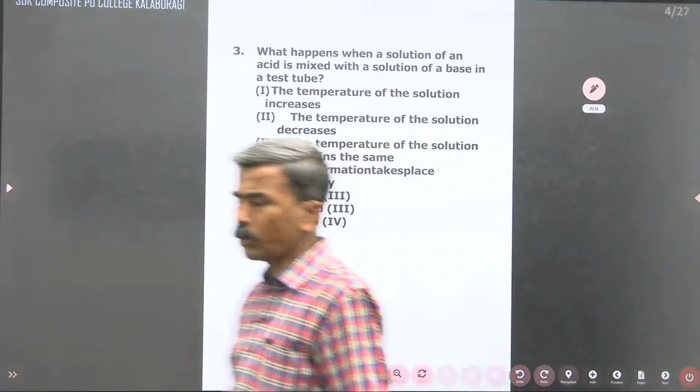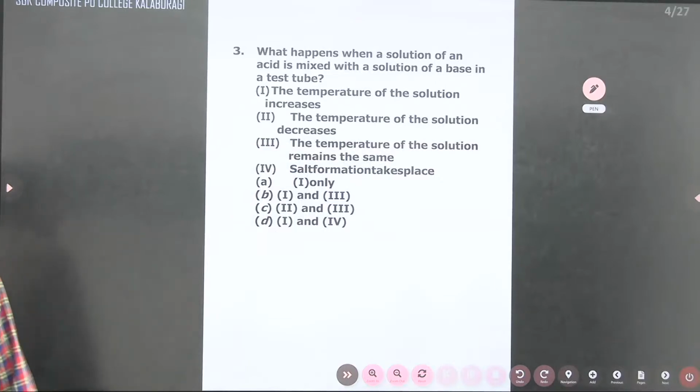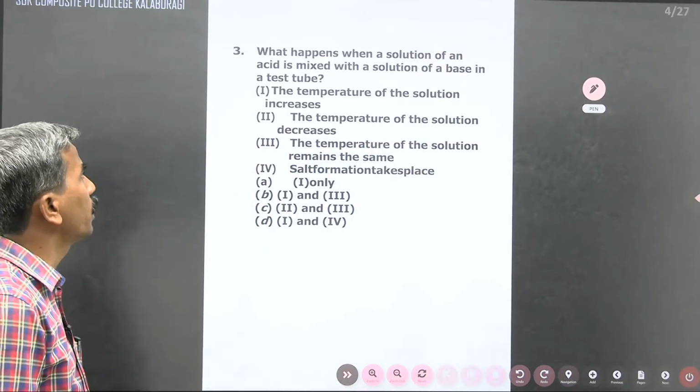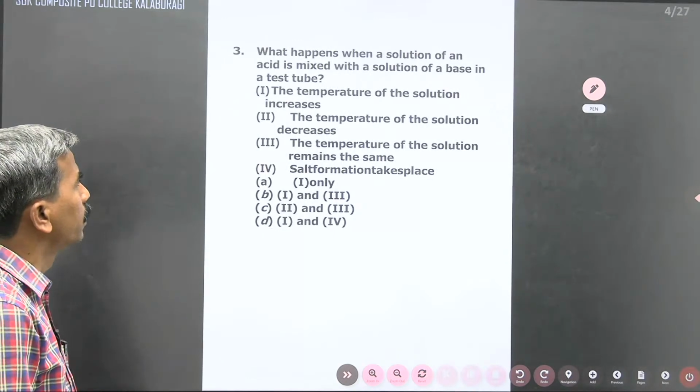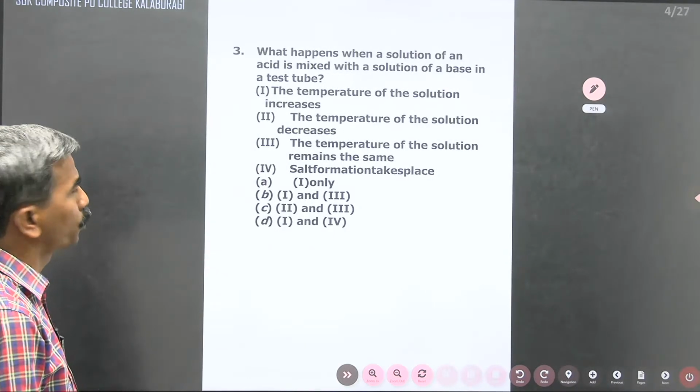Moving to the next question, the statement is: what happens when a solution of an acid is mixed with a solution of a base in a test tube?